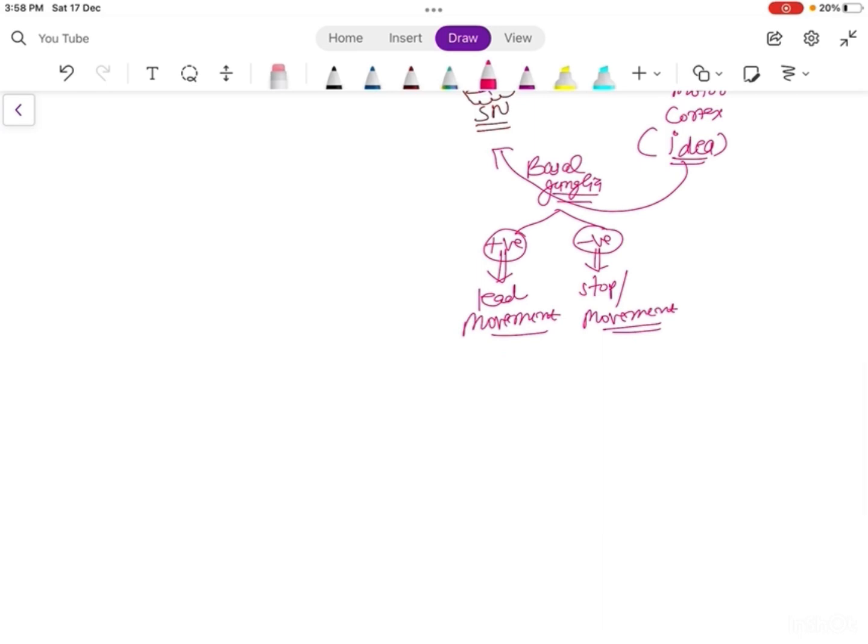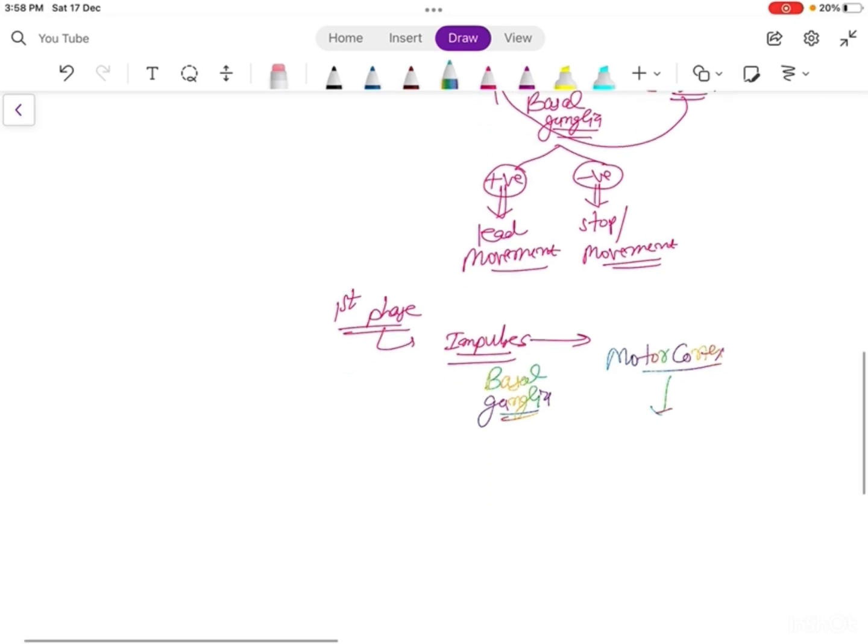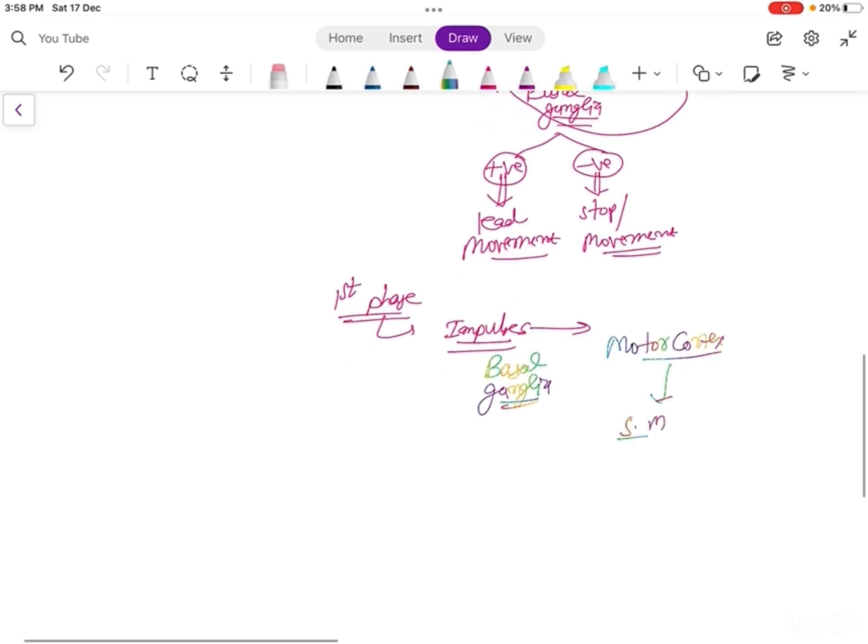So in the first phase, all the impulses will go from the basal ganglia towards your motor cortex, and from this motor cortex your skeletal muscle will act, and during the movement the cerebellum gives the information about the progression of the movement, right?